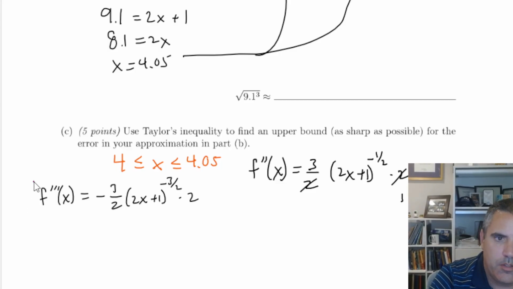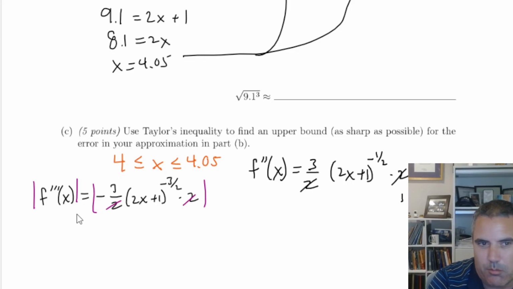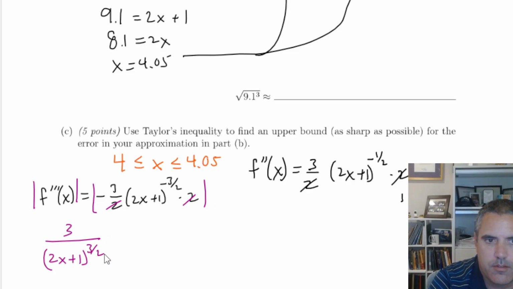So we put absolute values around it, and we say what is the biggest the third derivative can be. Now, if I was doing this, I would cancel the 2's. The absolute values get rid of the negative, and so I would have 3 over (2x plus 1) to the 3/2. And then I'd ask myself, what is the biggest this can be if I'm only allowed to plug in numbers between here and here?